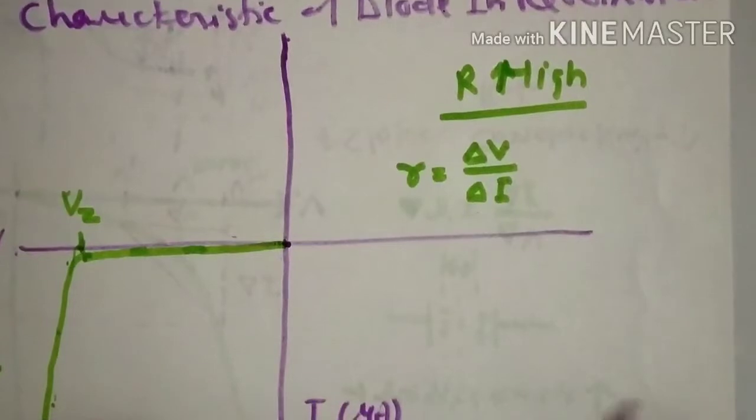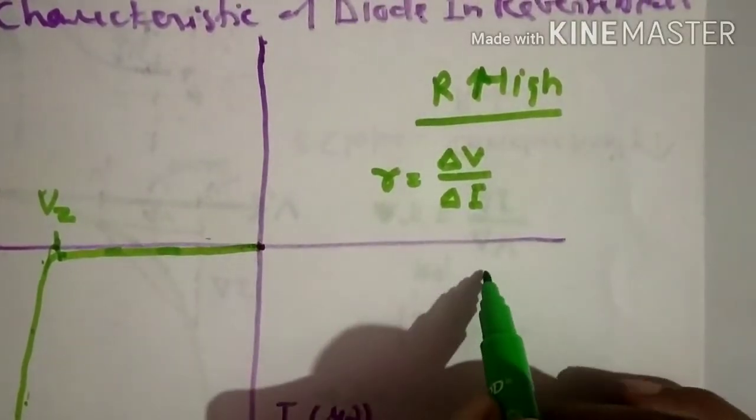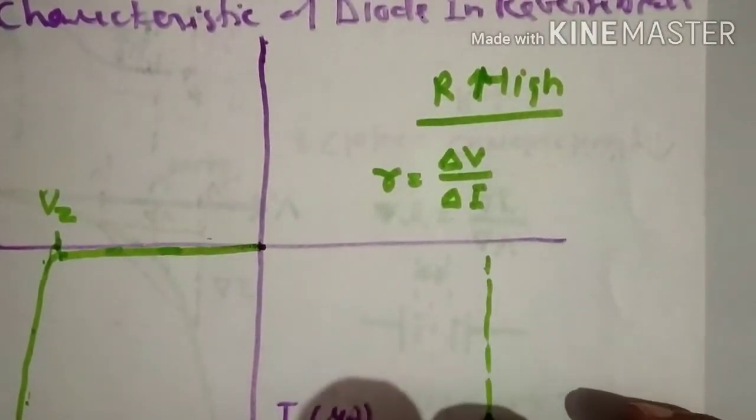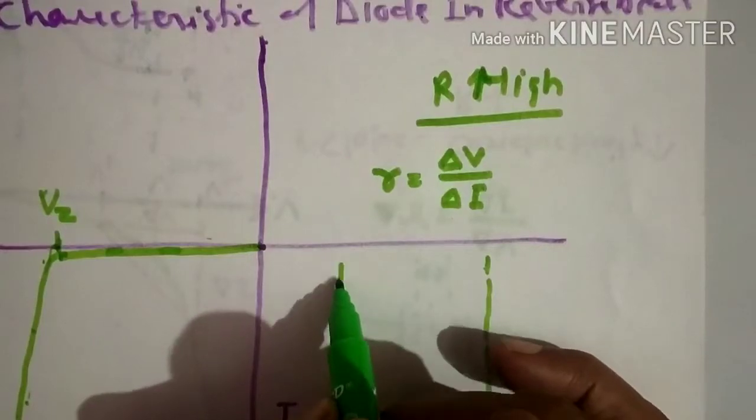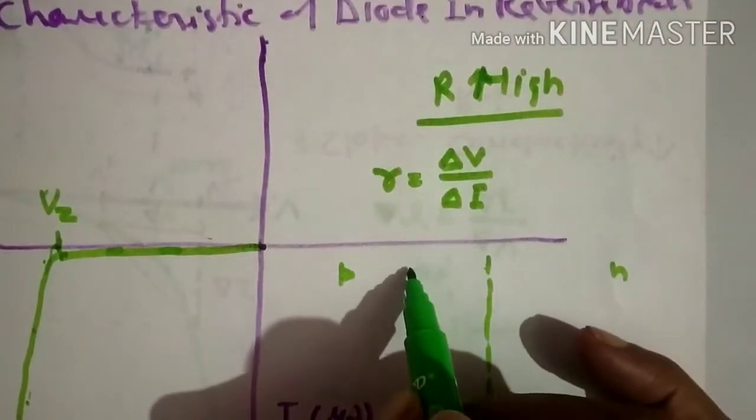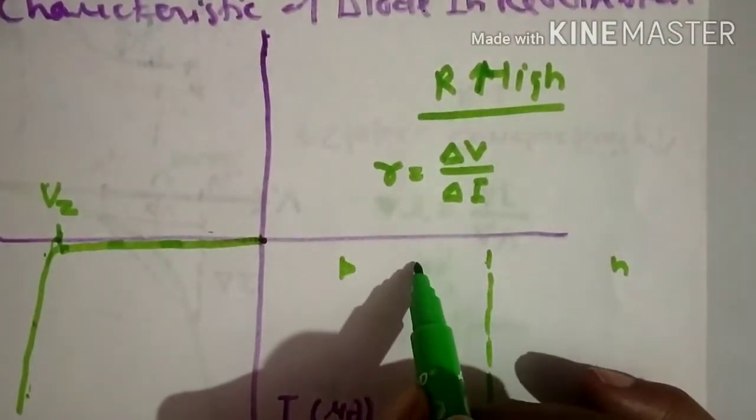How to represent the barrier potential? Just you see, this is the junction, this is the P region, this is the N region, and this is the initial width of the depletion layer.